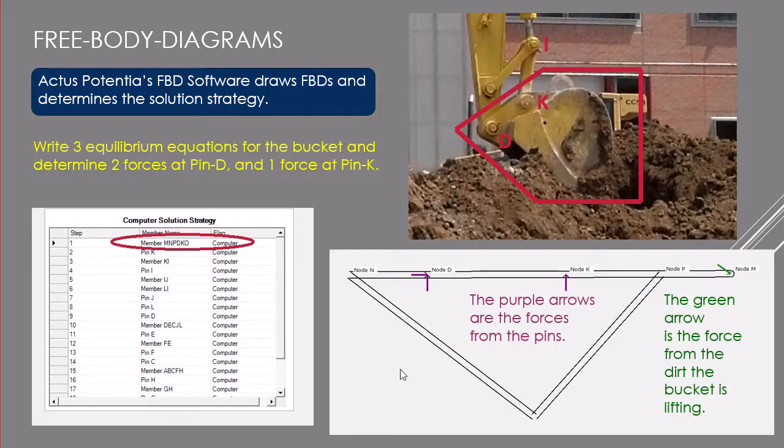So in this free body diagram, we can write three equations, two force balance equations and one moment equation, and we have three unknown forces, 1, 2, 3. So by applying the force balance and the moment balance equations, we can determine these three forces.